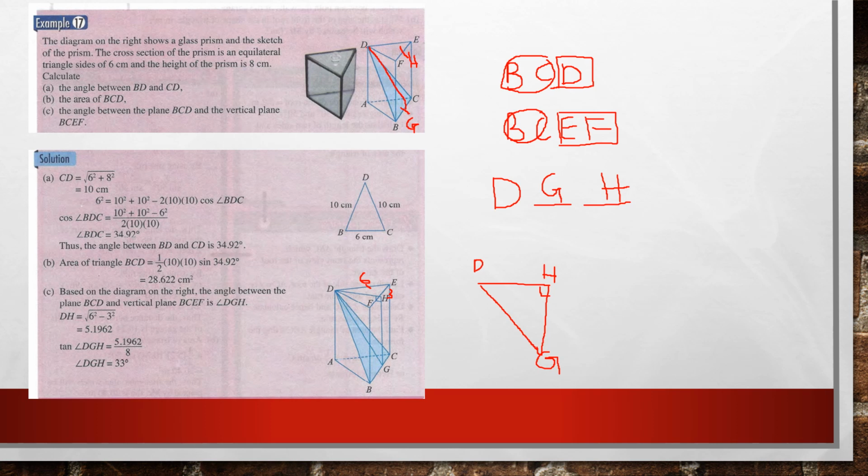That means this part, you want to calculate. You know DH, opposite, and you know HG. HG is the height of the prism. So we use opposite over adjacent. Then you shift tangent, and you get the angle DGH is 33 degrees.